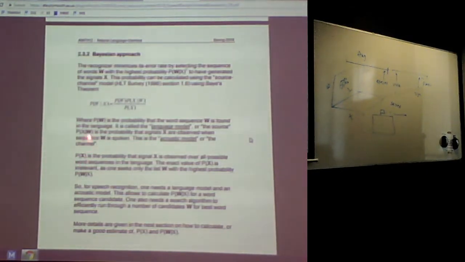So the probability that the list of words is generated by the list of observed sounds is the probability that you have the list of words in the first place times the probability that when this list of words is pronounced, you will record this list of sounds. So this is exactly the opposite of that.